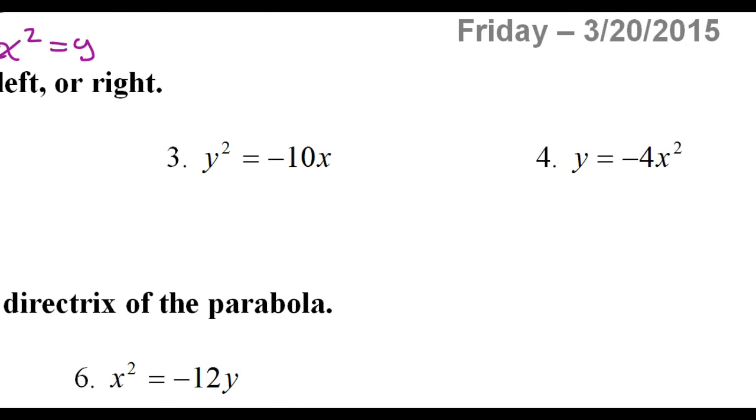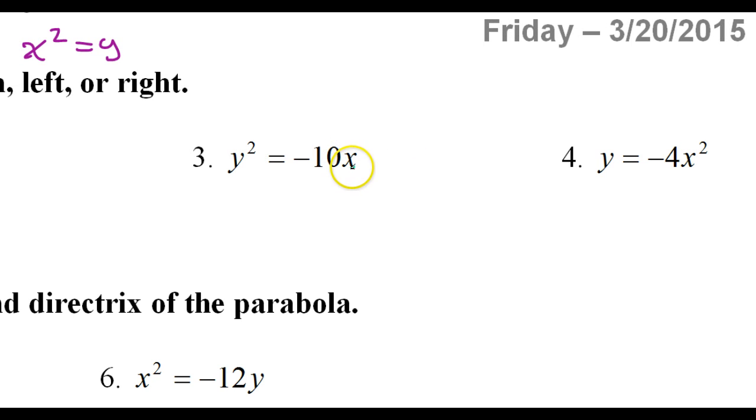Alright, looking at number 3. Reading it from right to left, I have x equals y squared. That's strange. It shouldn't be y equals x squared. So this must be one of those strange left or right facing sideways parabolas.